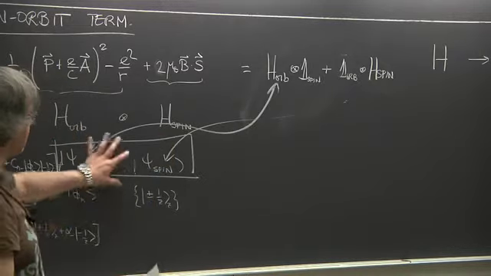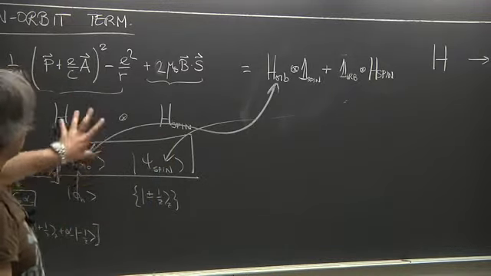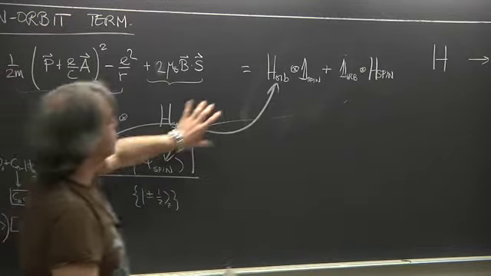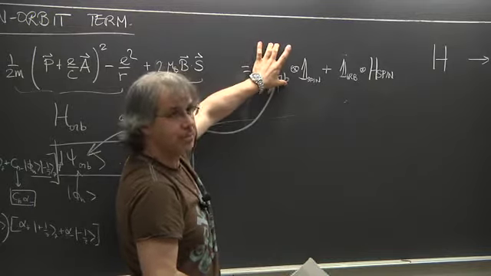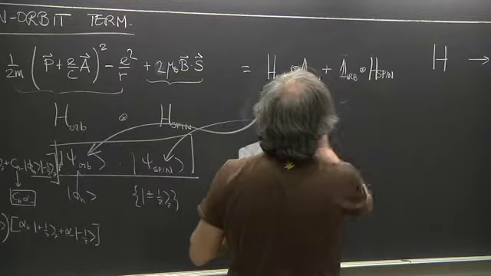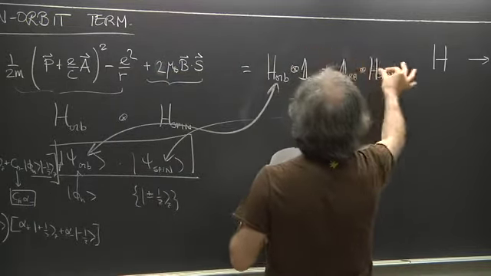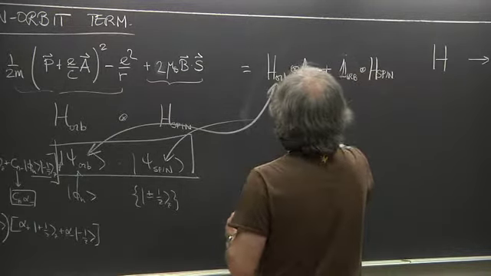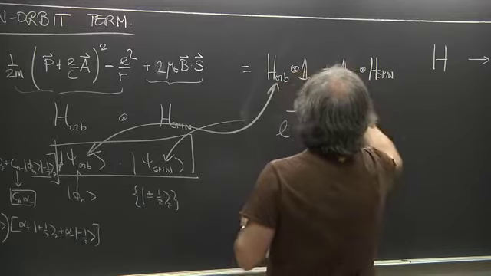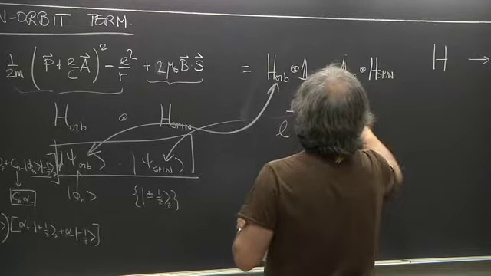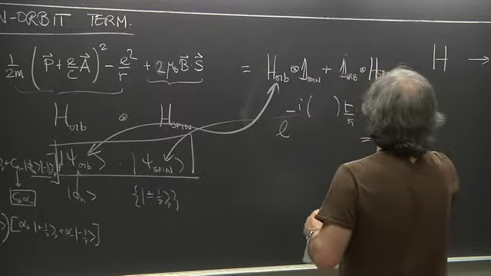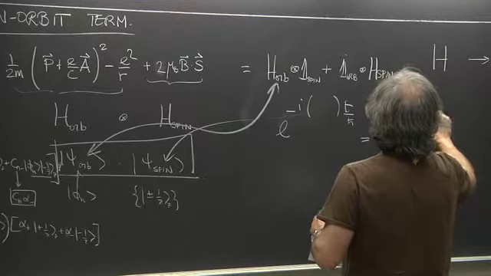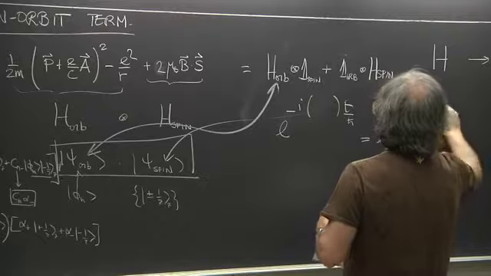Because if I start from a state like this, the evolution will be some unitary operator acting here, due purely to this term, because these are two terms that commute since they live in different spaces. So e to the minus i, this Hamiltonian t over h bar, is nothing but e to the minus i, the orbital part times the identity in the spin part.